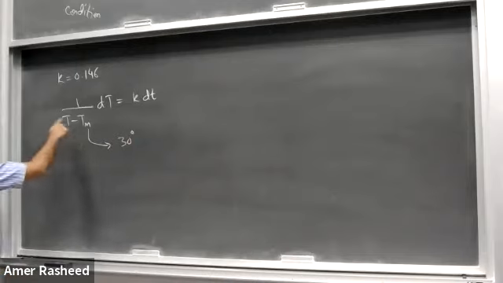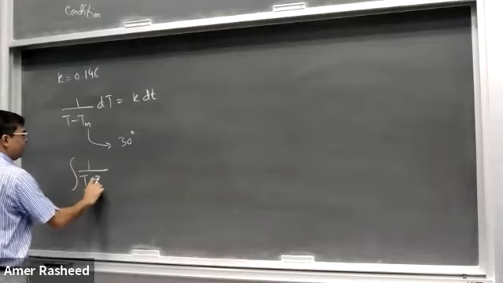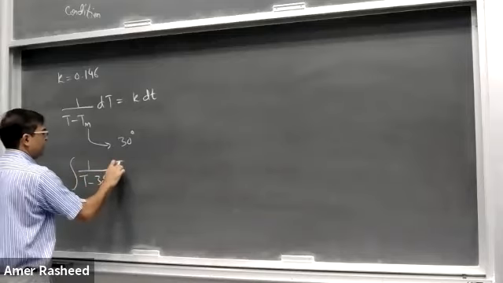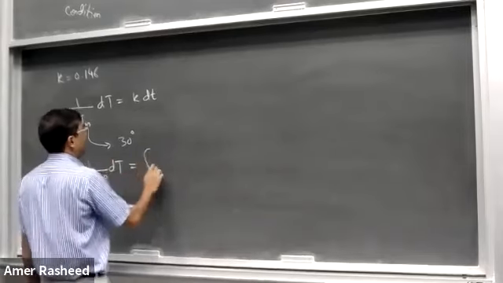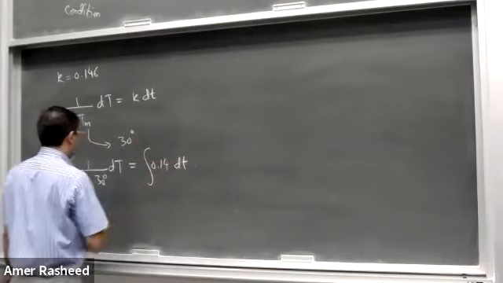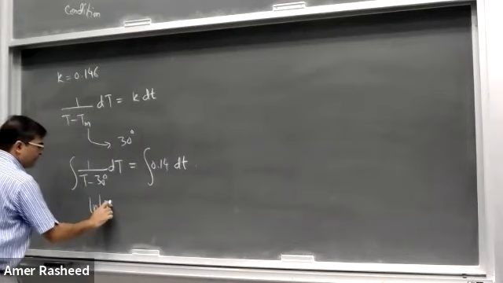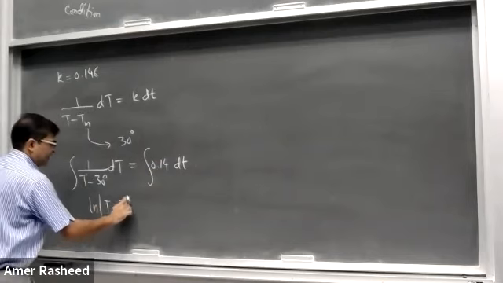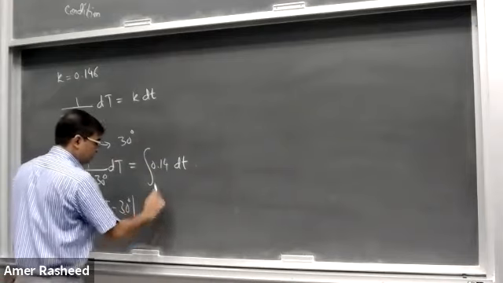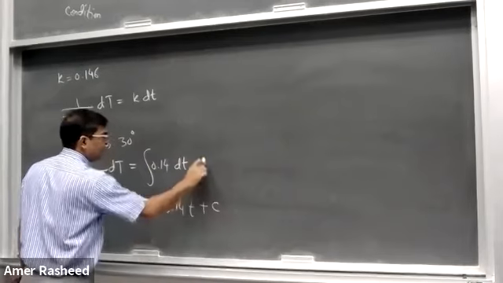Now integrating both sides, we have 1 over (T minus 30) dT equal to 0.14 dt. Now we get the natural log of (T minus 30) is equal to 0.14 t plus c.